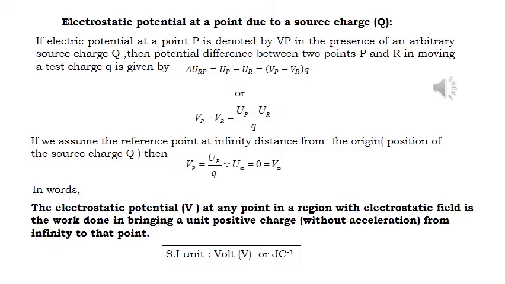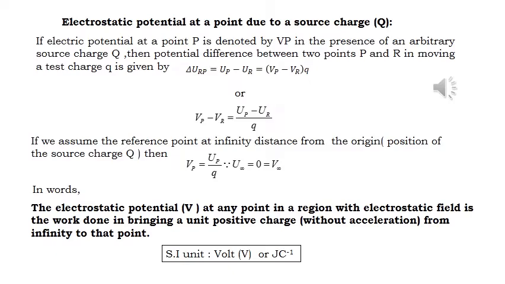The same thing can be written the other way: the potential difference between the two points P and R, V_P minus V_R, is equal to (U_P minus U_R) by q. So it is the potential energy per unit charge.